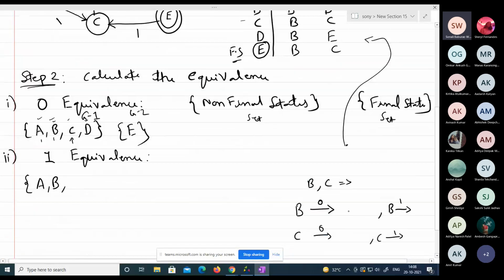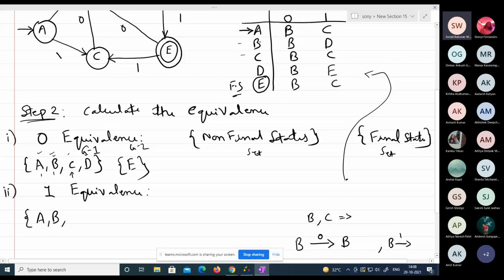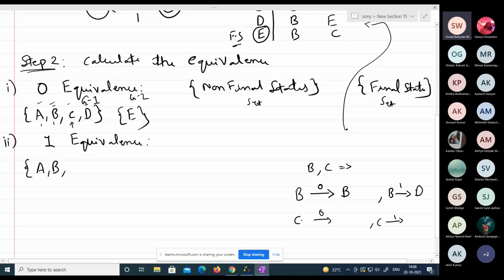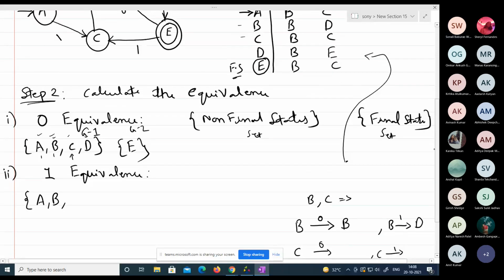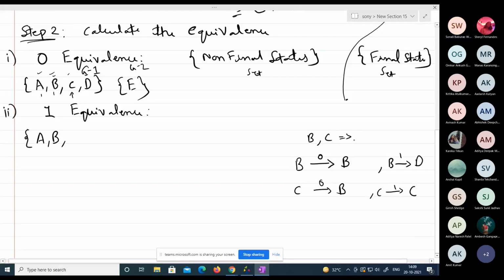So I'll write B here. B gives 1 to D. So I'll write D here. Similarly, C gives 0 to B and C gives 1 to C. So for B comma C, I'm getting the values as BD and BC, right?